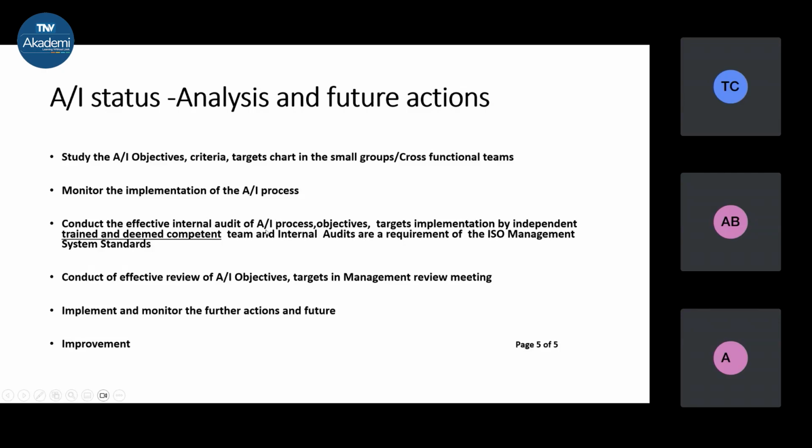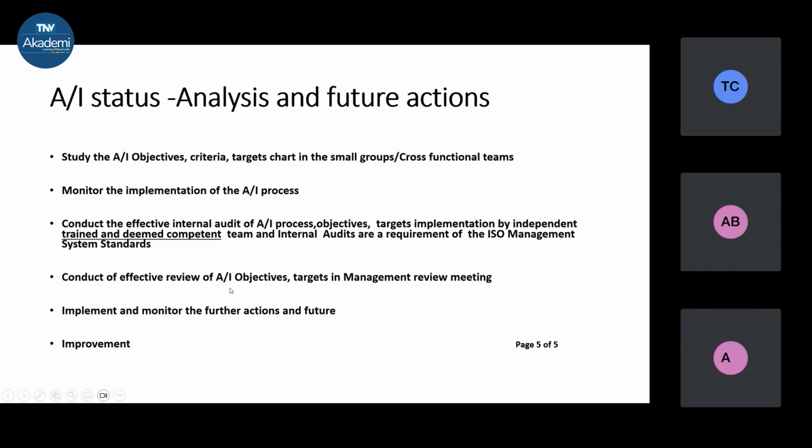So, what results have come out of the internal audit of the AI process? There are 2 NCs, 5 observations, 6 areas for improvement, 10 notes, or whichever way the report is prepared, available for conducting an effective management review by involving the team. We always say the team should be involved, depending upon what management review committee has been established by the client or by the certification body.